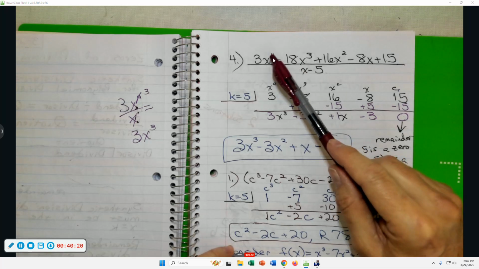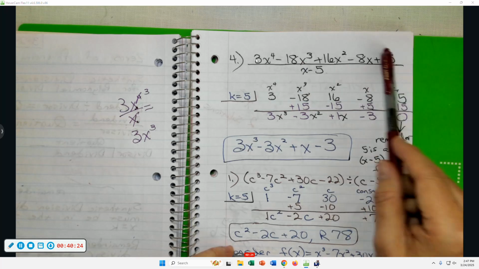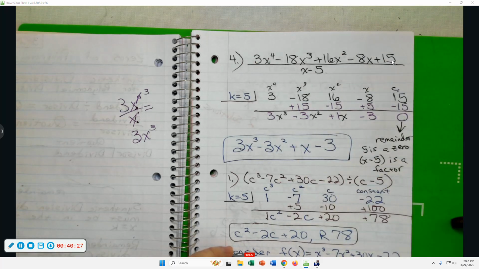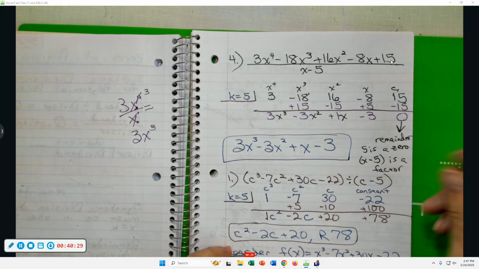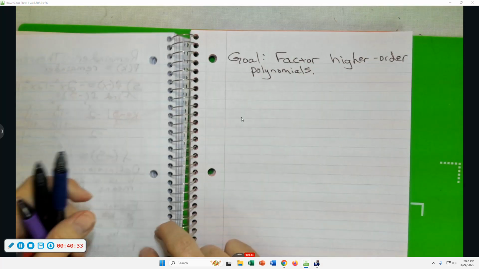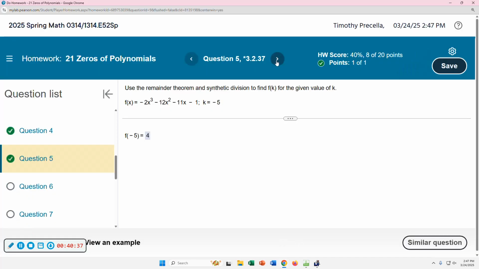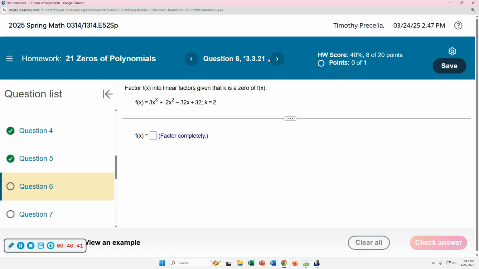How many sets of parentheses would we need to factor that 4th degree polynomial? If it were factorable, it would be 4. So let's look at number 6. I think we're about to start factoring x cubed stuff, and our answer is going to be 3 sets of parentheses.